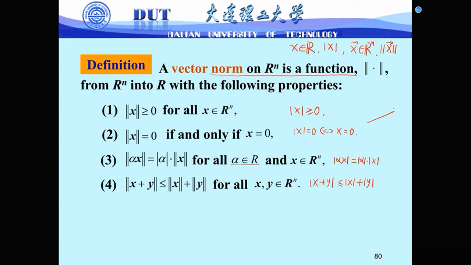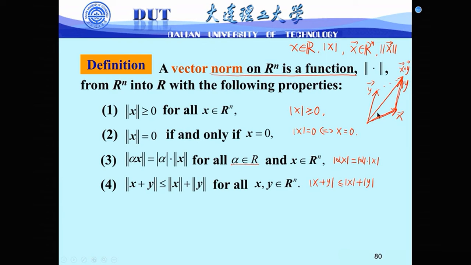Now you see this is vector x, this is vector y, and this is vector x plus y. It's okay for you? And we can move y to here, so this vector is also y. So this is x and this is y.